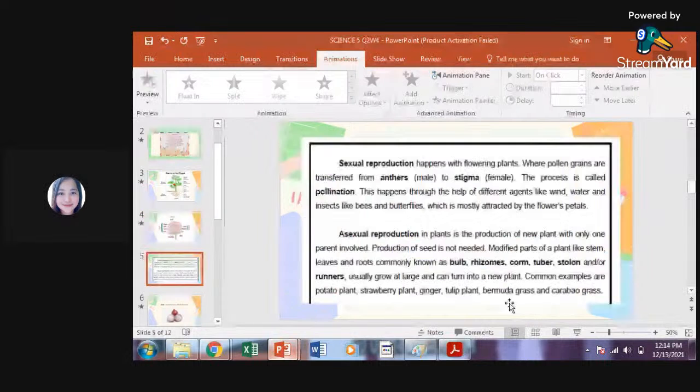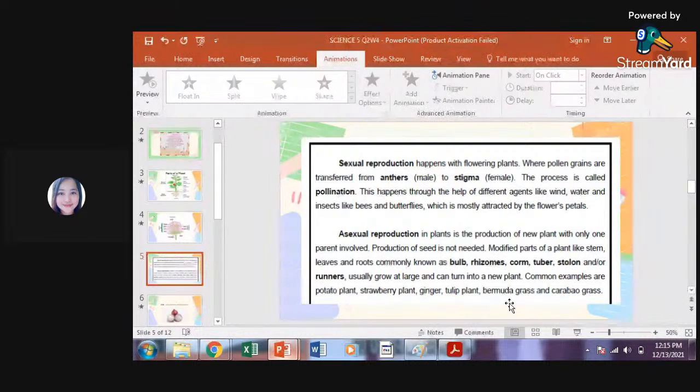This happens through the help of different agents. There is more than one agent. So we have wind, water, and insects attracted by the flower's petals.